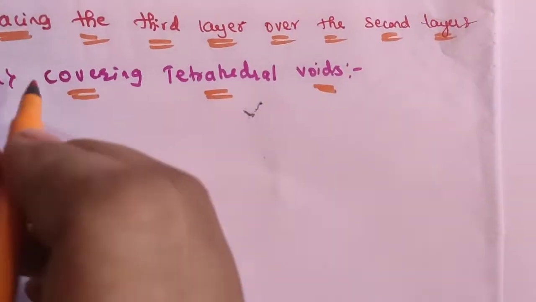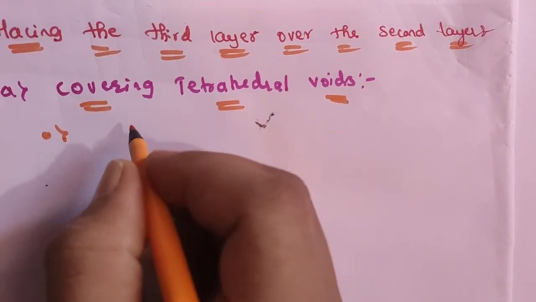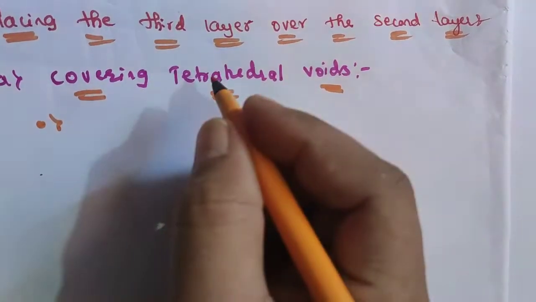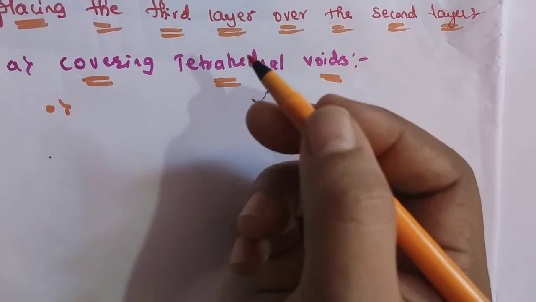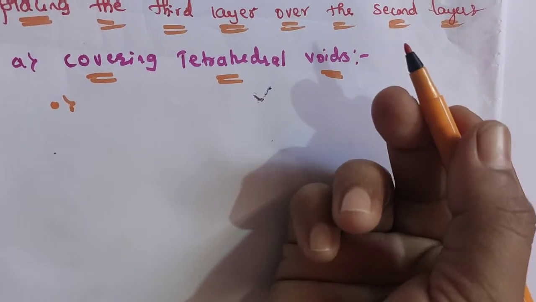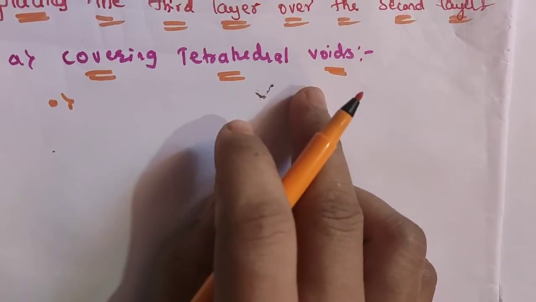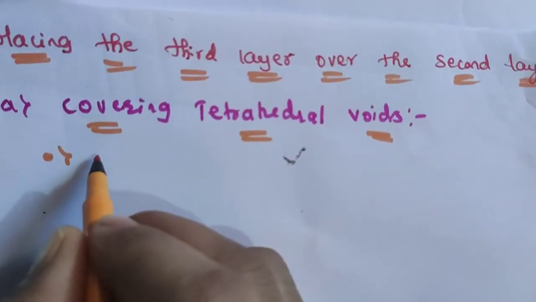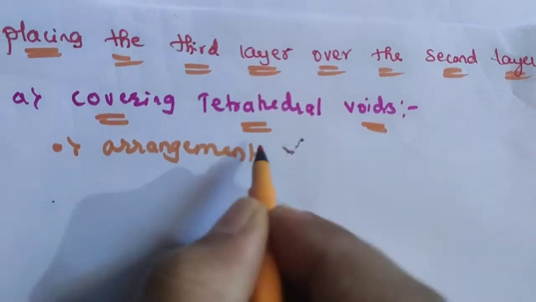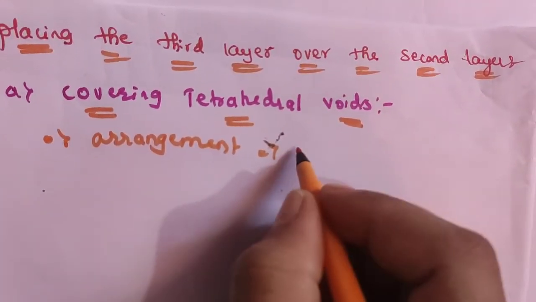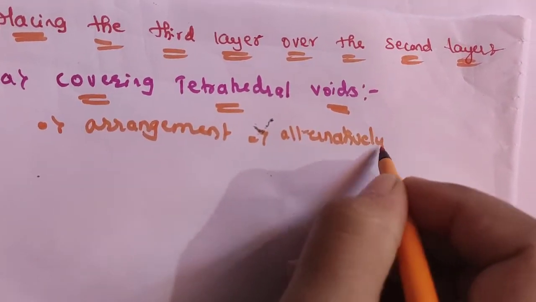In this arrangement the spheres of the third layer cover the tetrahedral voids of the second layer. So here the spheres of the third layer fall right above those of the first layer. In other words, we should understand that the arrangement in alternate layers is identical.